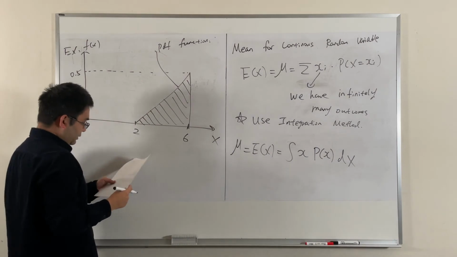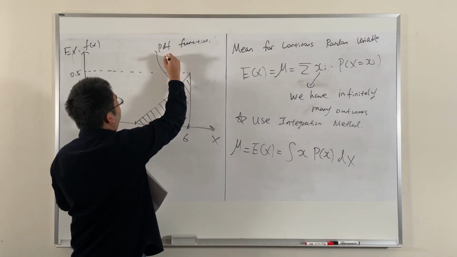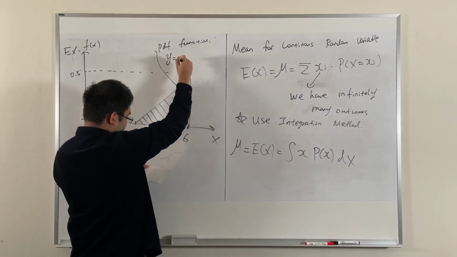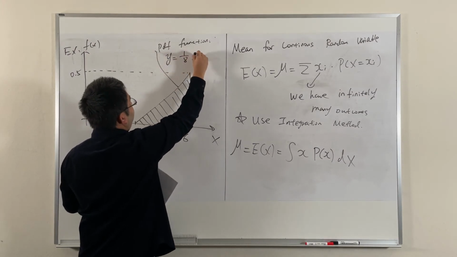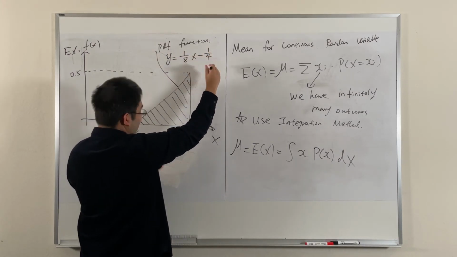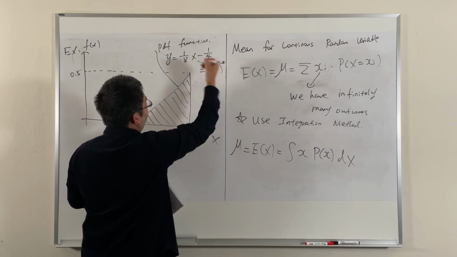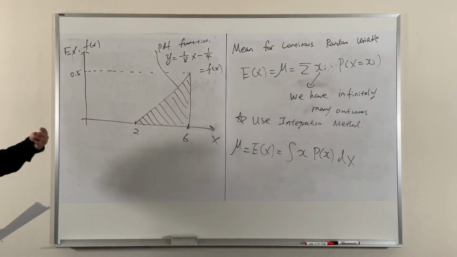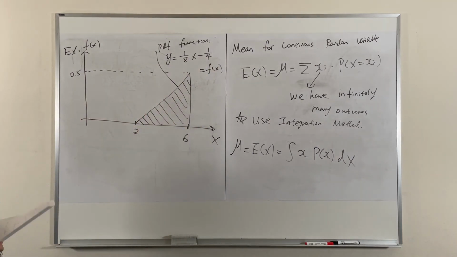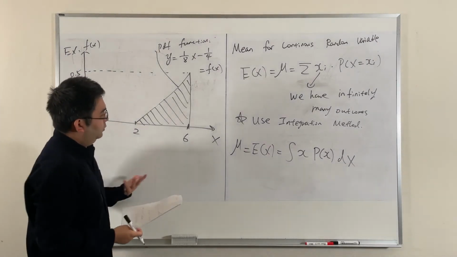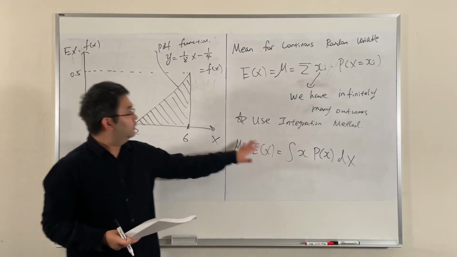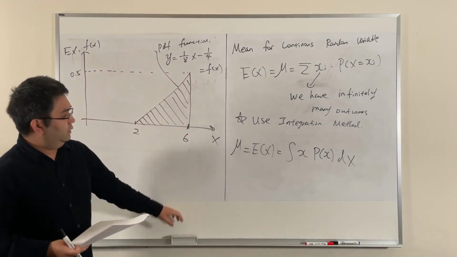In this case, it's y equals 1/8 x minus 1/4, and this is our PDF. So that's the formula for the PDF here. Next, we're going to use this formula to calculate the mean.